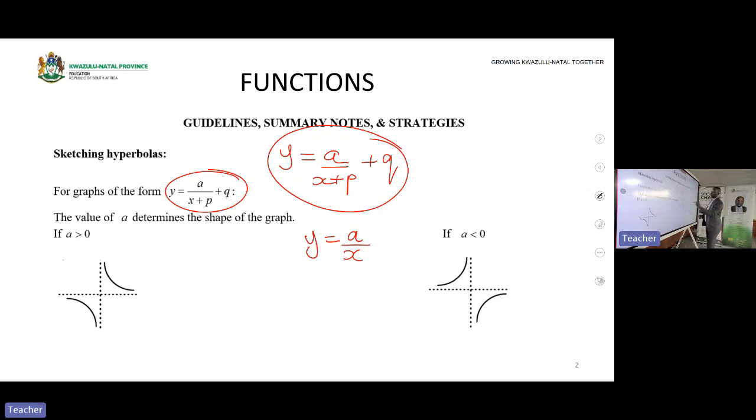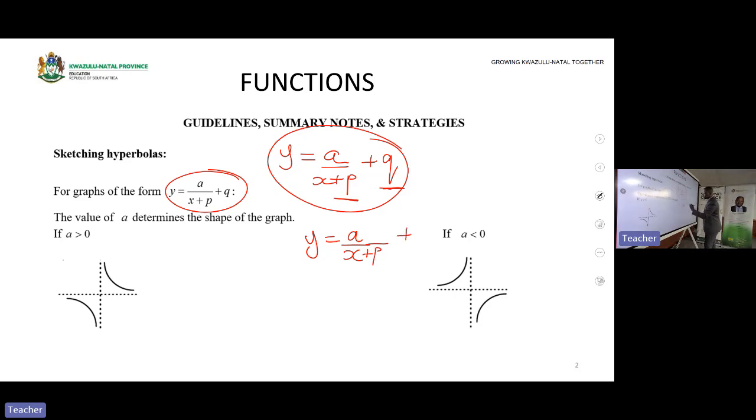Last time when we were together, we spent a lot of time discussing the parameters, the effect of p as well as the effect of q, on what they do to the graph. We said the effect of p, when we say plus p, means our graph will shift to the left by a certain number of units. So p affects the graph in terms of the horizontal shift.